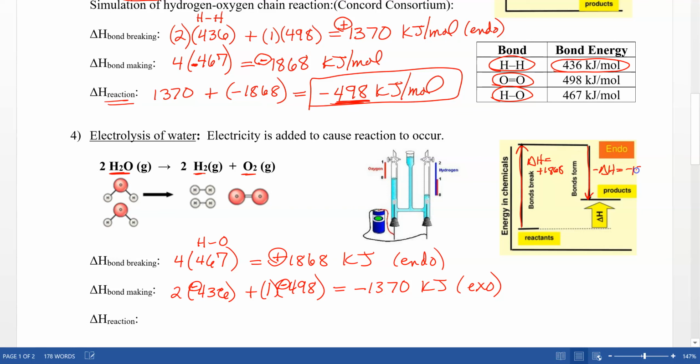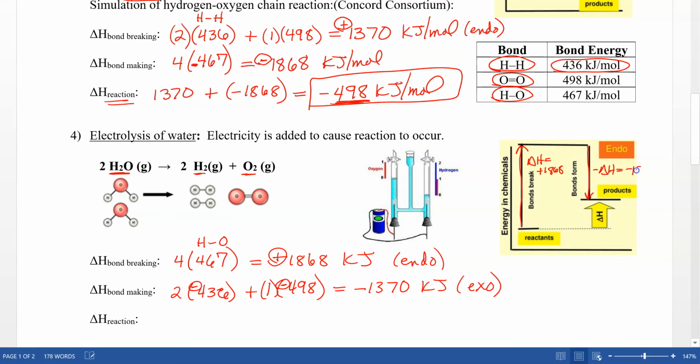So that's a good way to think about the differences between your exo and your endothermic reactions. Obviously it would be the opposite up above here. The reactants, it took less energy to break than what you got back when you made them. So these are going to be your weaker bonds. Really, the bonds between the hydrogens and the oxygen there were weaker, and the products had stronger bonds.